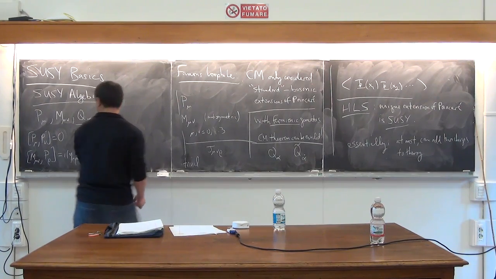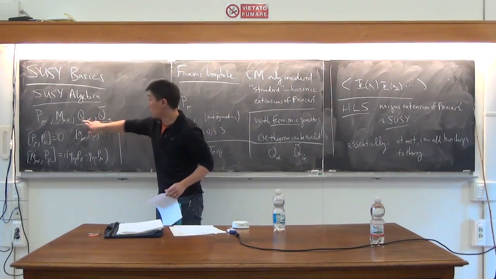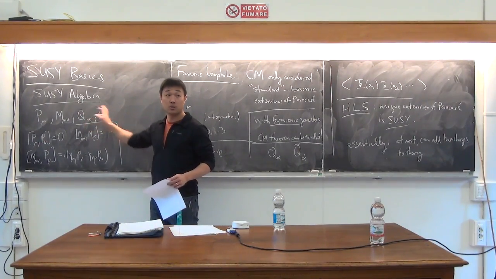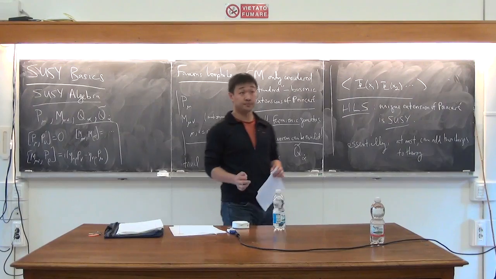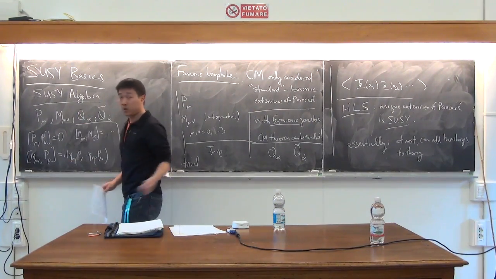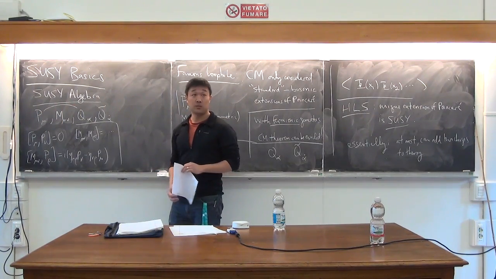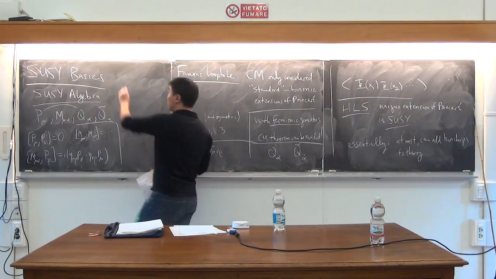Okay. So now the question is, what happens when I try to extend it with Q alpha and Q alpha dot? There's a number of things we have to worry about, right? What happens when I try to commute Q alpha with the P mu's?